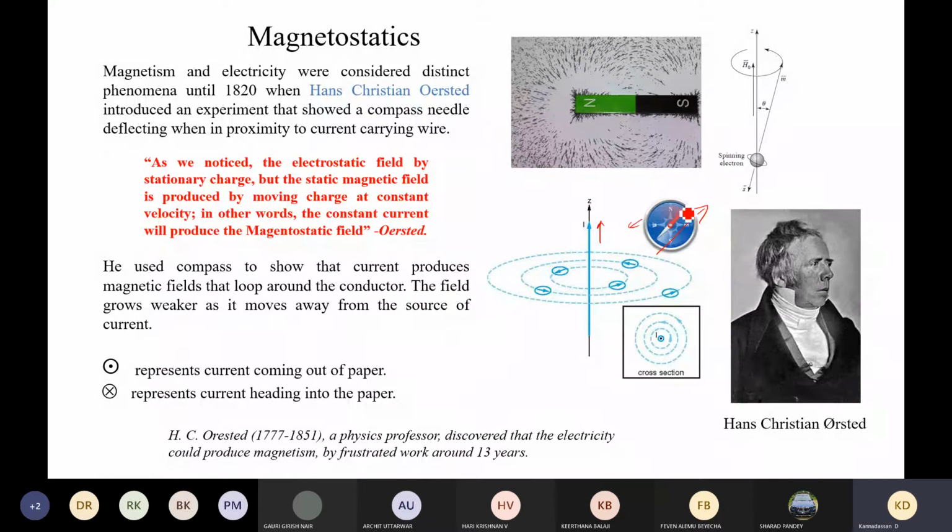That is a clear indication, because we already know the magnetic needle always responds to a magnetic field, not to an electric field. This orientation changed in all directions. So this clearly shows that if there is a current flow, which is made up of charges, there is supposed to be a magnetic field induced. And if a line is carrying only charges, with no movement, then only an electric field exists.